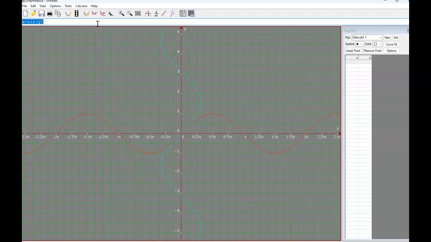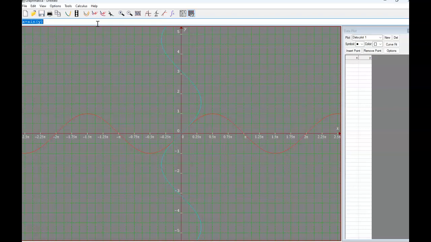Excellent. This blue graph fails the vertical line test. That means for any input, I'll have more than one output, right? That is a problem for us.